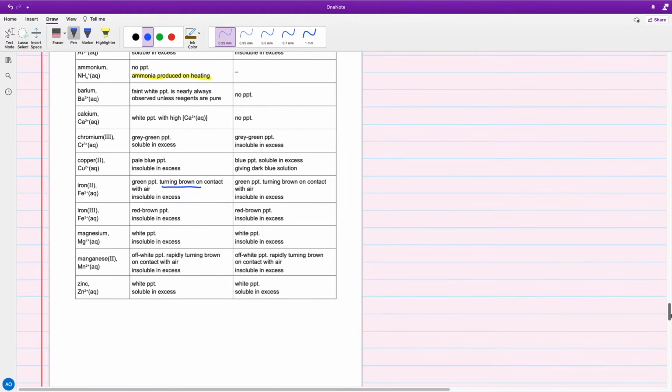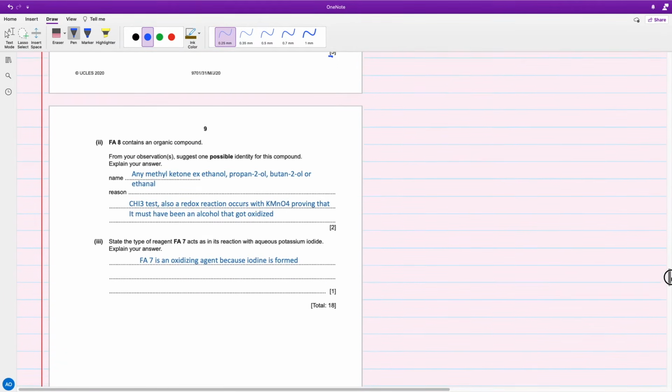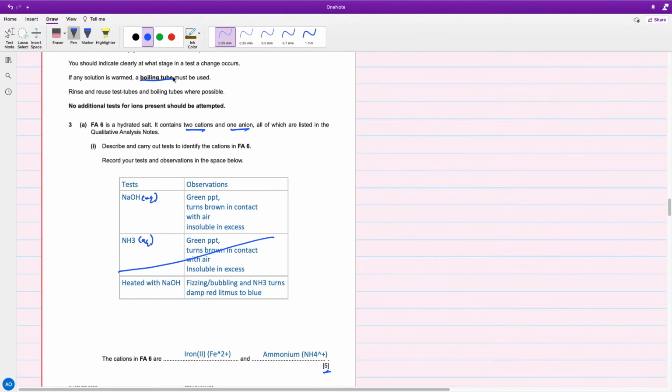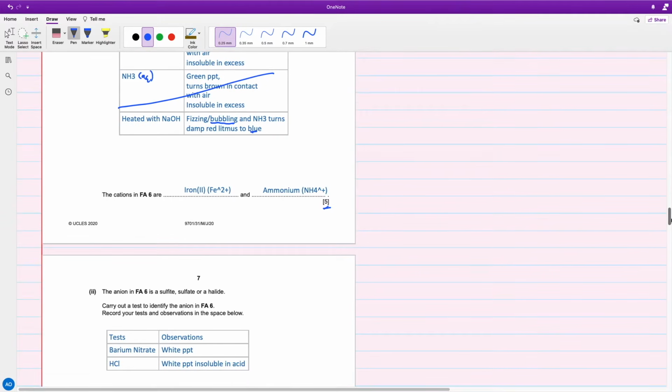Now when you're using any sort of heating, definitely use a boiling tube. You don't want to end up getting hurt, so use a boiling tube for sure. To get the full marks, you need to mention that there's some bubbling and that the damp red litmus paper turns blue. So these are your two cations, ammonium and iron.